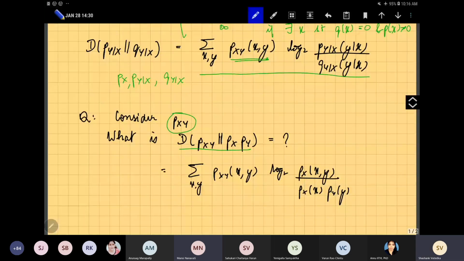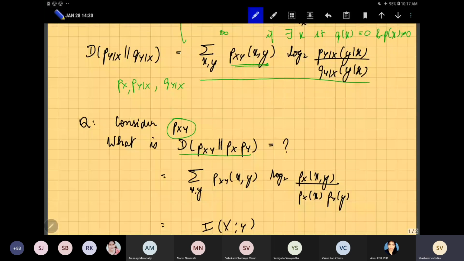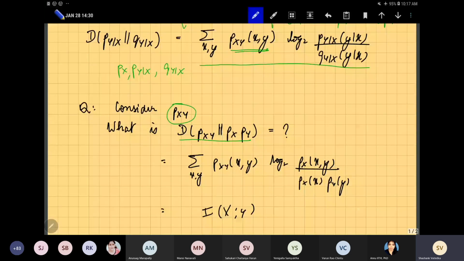And this is precisely the mutual information between x and y. So immediately we've seen a relationship between the KL divergence and the mutual information of two random variables. So for a specific choice of P and Q, you get the mutual information between X and Y.